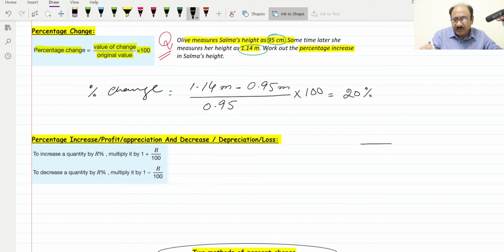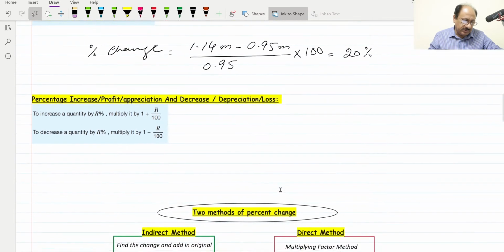For example, if they have written centimeter or meter there, it means they require the answer in centimeters or meters. Whatever the requirement of the question, you will have to provide the answer accordingly. So units you will have to take care of.